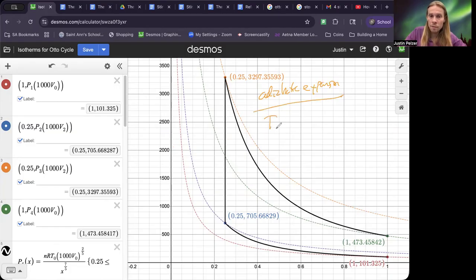You should get that the final temperature is 1,407, sorry, no, 1,378, excuse me, 378.438 Kelvin is what this isotherm is. So we have the 2,400 Kelvin here, 1,378.438 Kelvin here, 513.625 Kelvin here, and 295 Kelvin here.